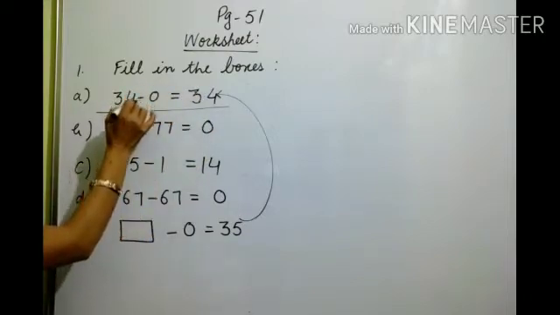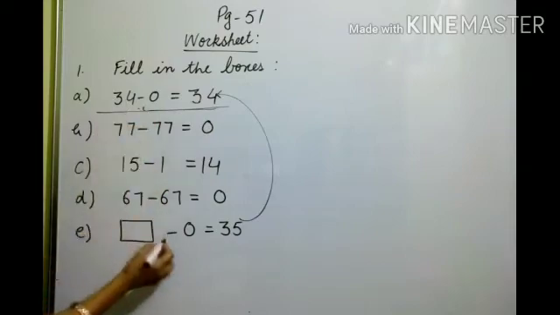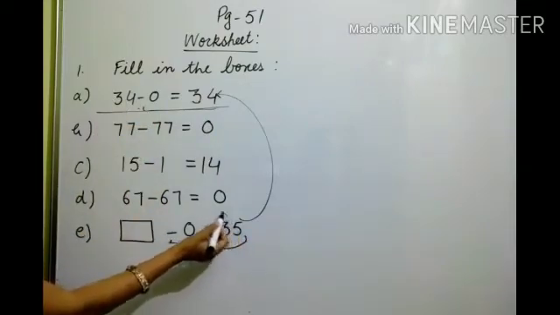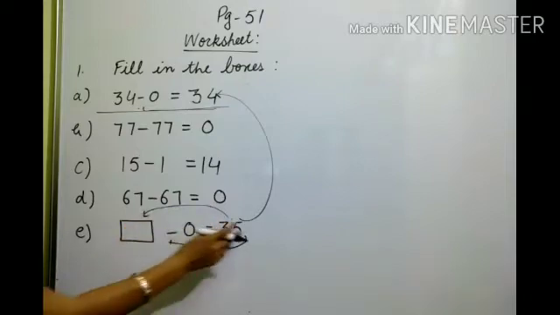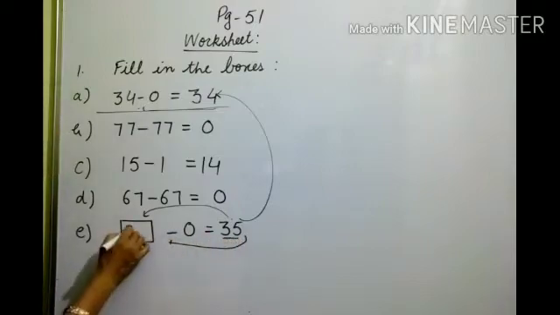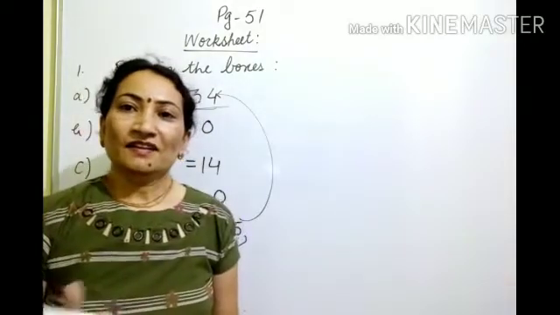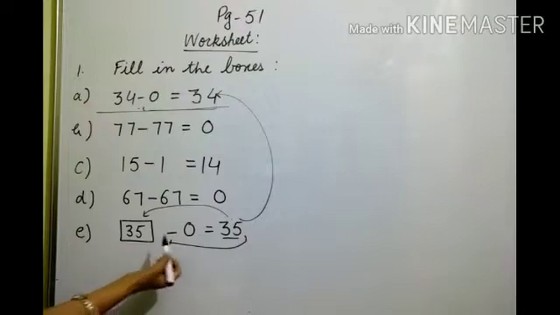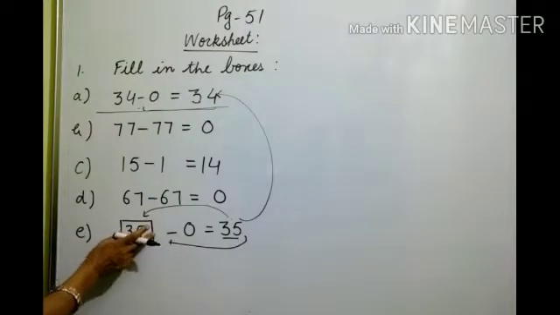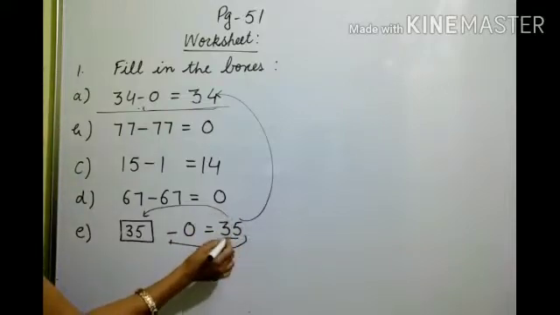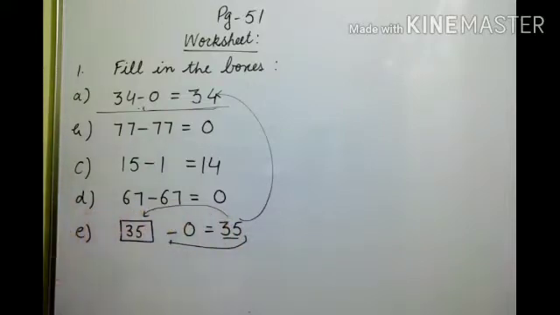Now we are given the last one: blank minus 0 and 35. If we are subtracting 0 from any number, then the number remains the same, so 35 will come here. Clear? Understand? I hope that you are getting my points. If the first box is blank and 0 is given, then we write the answer in the first box.